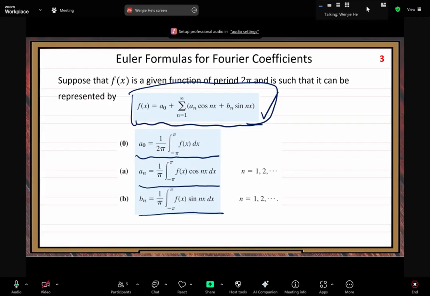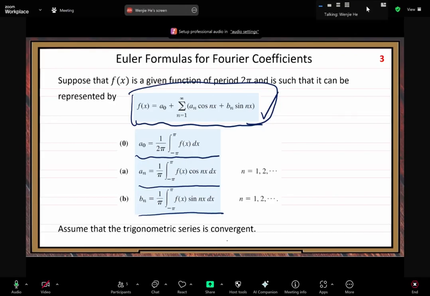Later we will see that convergence result. But that's a breakthrough. This representation is a breakthrough.